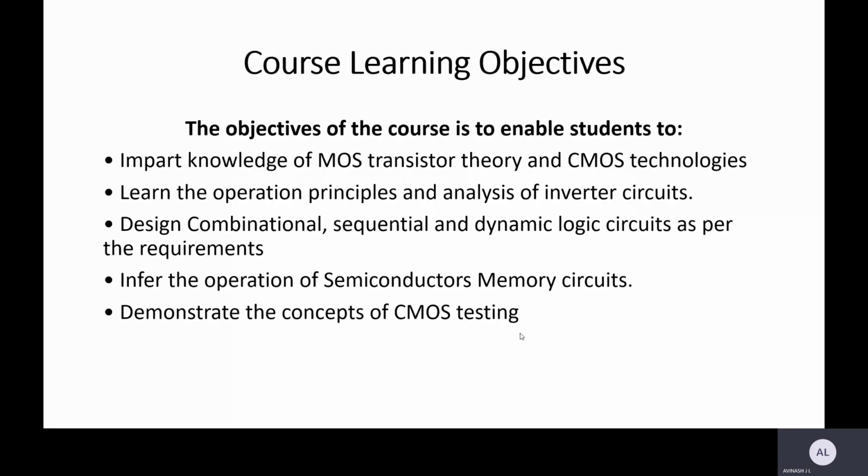Coming to the major thing, the course learning objectives.